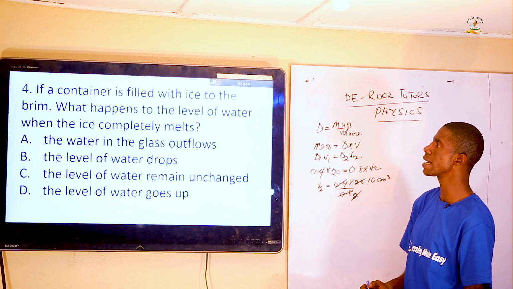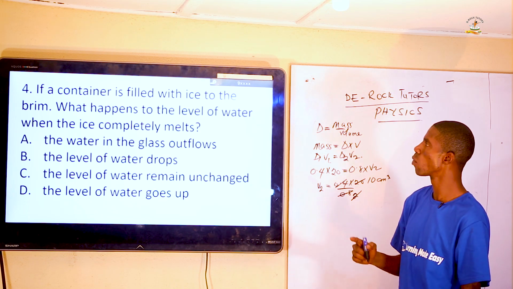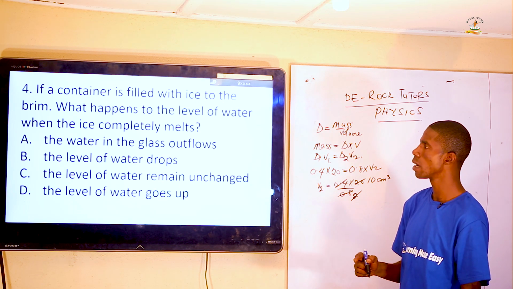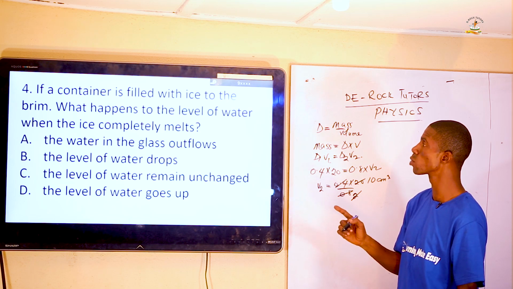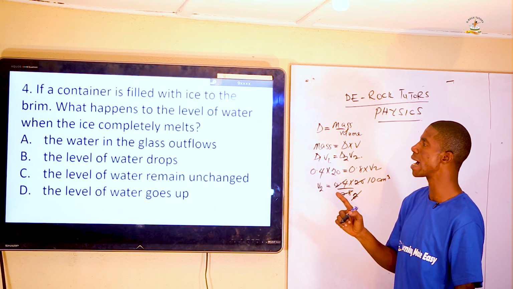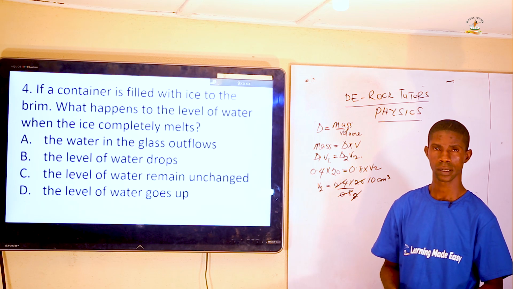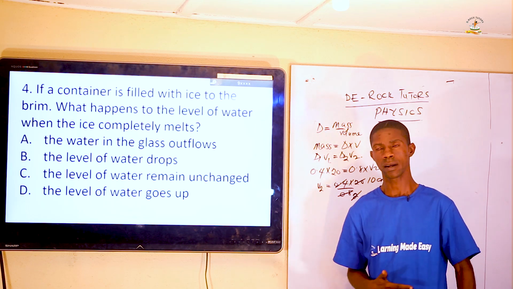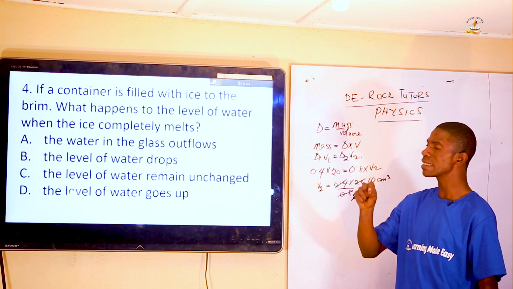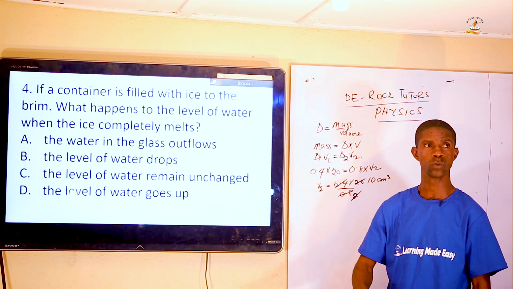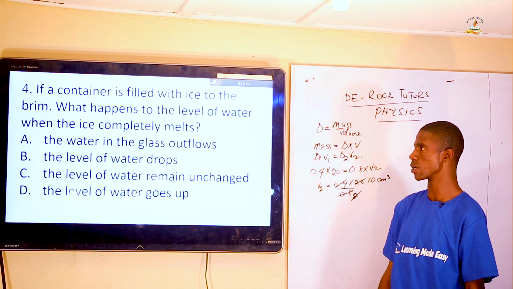If a container is filled with ice to the brim, what will happen to the level of water when the ice completely melts? What we actually have to observe here is that the ice itself occupies a particular volume within the water vessel.